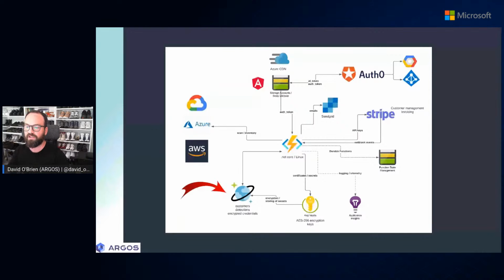So let's dive a bit deeper into that. Just generally, you don't see any virtual machines in here. Everything's PaaS. Our front end at 12 o'clock is a static website on storage accounts. We have not moved that to static web apps yet, and I'm not necessarily sure if we will. If you've not looked at static web apps, have a look, different topic.